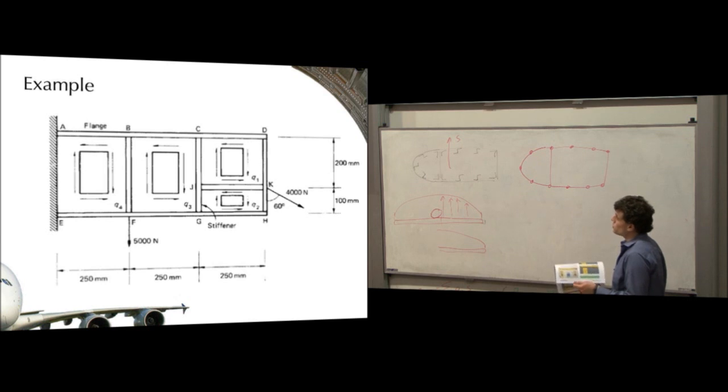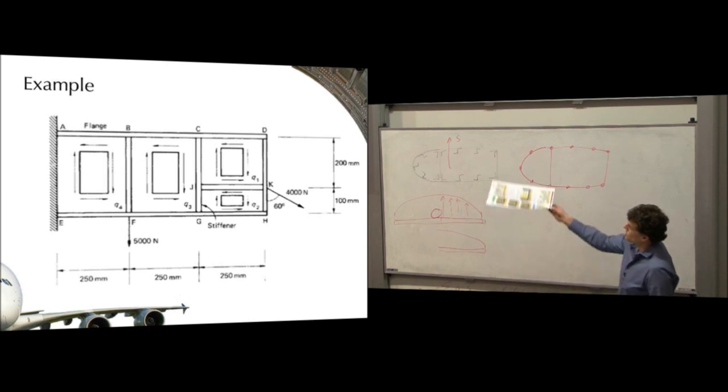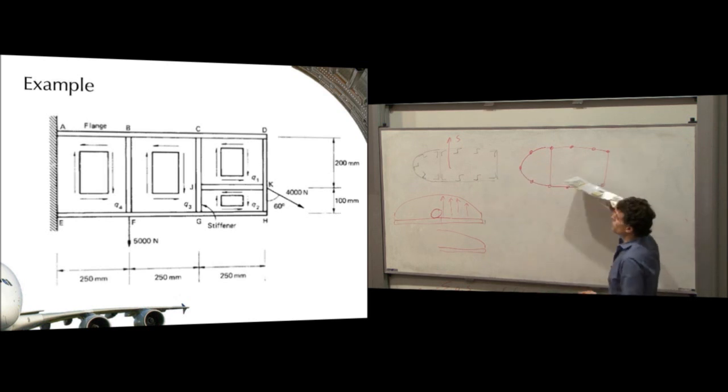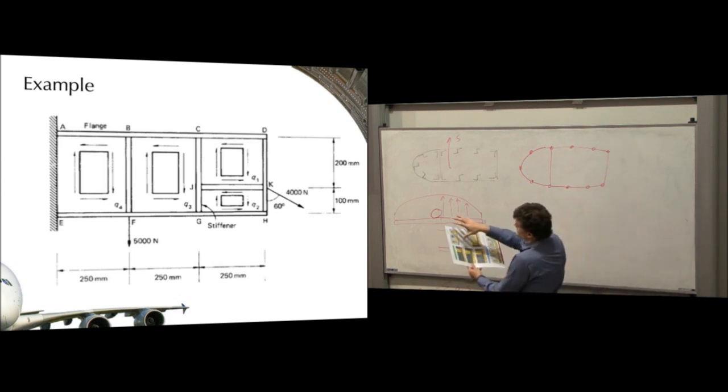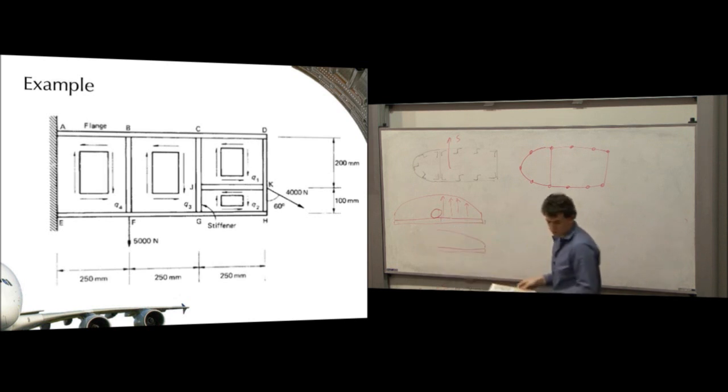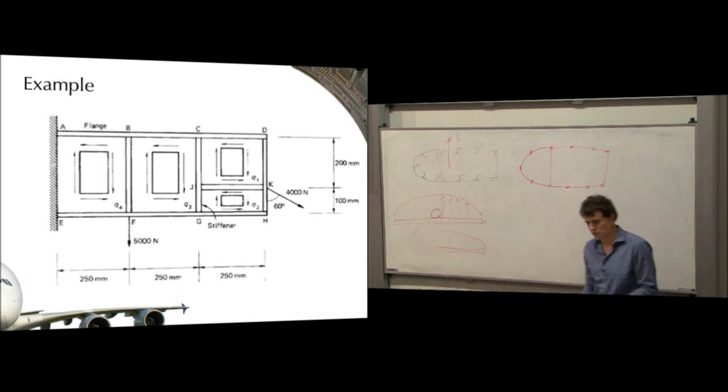But we can do more complex calculations than the simple 2D problems that we've done here. We can assume that there's some shear flow inside our structures, and this is a 2D problem, but we can generalize to 3D as well.